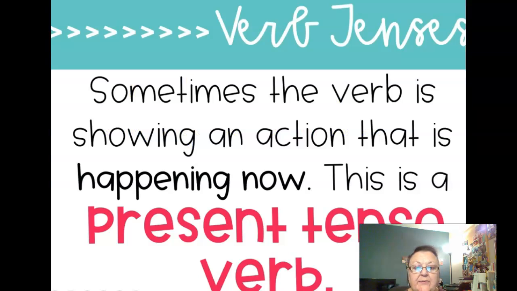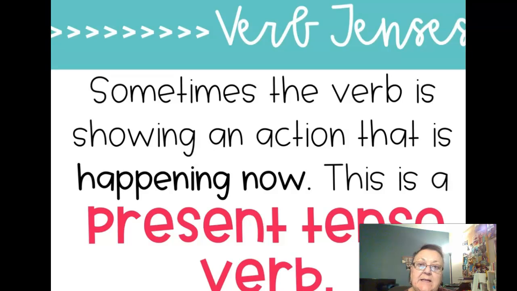So let's talk about these things called present tense verbs. Now there are three types of tenses, and tense, the word tense, T-E-N-S-E, just means time. So there's three different times we could say that verbs appear. They're either in the present tense, which means they're happening now.